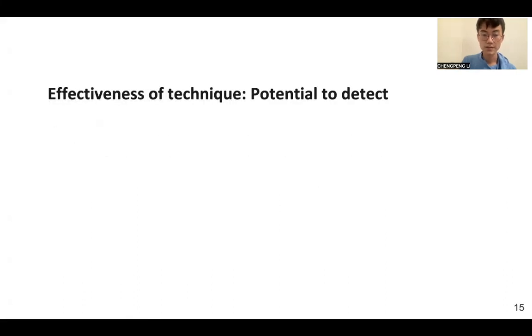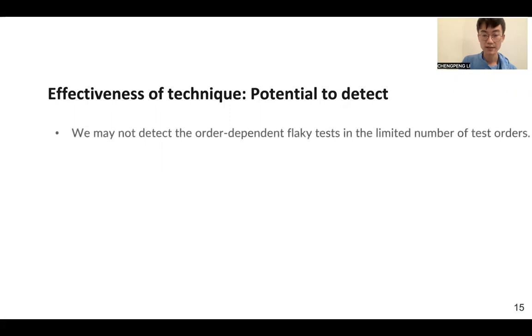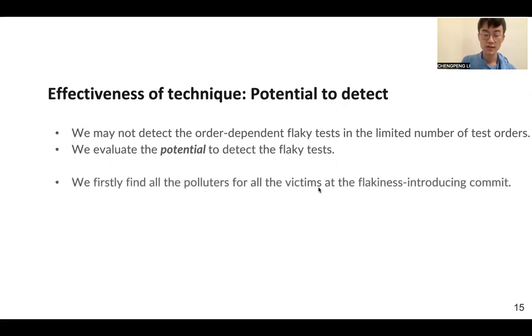Due to randomness, we may not detect the order-dependent Flaky tests in a limited number of test orders. Thus, we evaluate the effectiveness of the technique by the potential to detect order-dependent Flaky tests. Firstly, we found all the polluters for all the victims as the flakiness introducing commit.